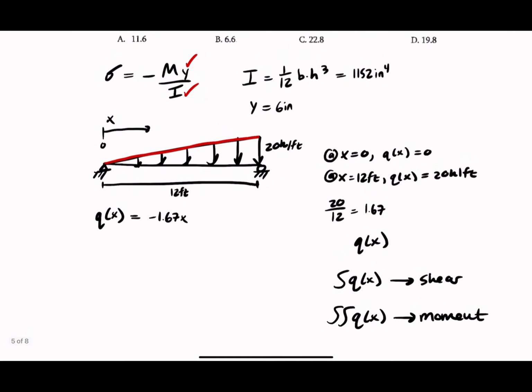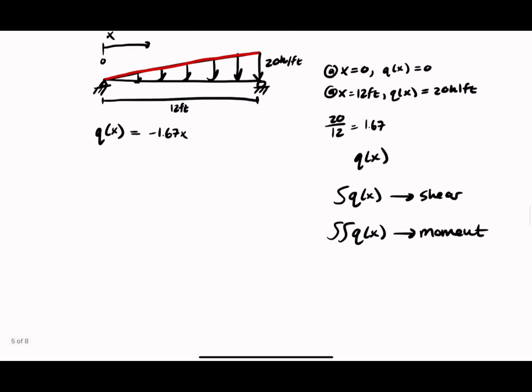So, as you can guess, we're going to integrate this function twice. So here we go. Let's integrate this function to get the shear. We integrate with respect to dx, so we should be integrating negative 1.67 x dx.